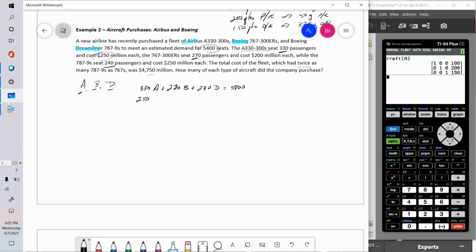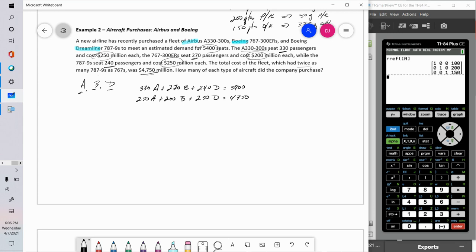The Boeing will cost $200 million per Boeing. And the Dreamliners cost $250 million per Dreamliner. And it says the total cost of the fleet was $4,750 million, which is $4,750,000.